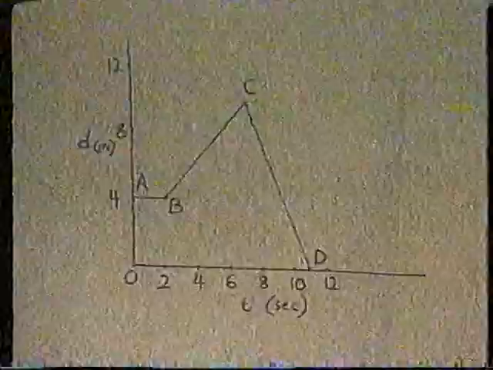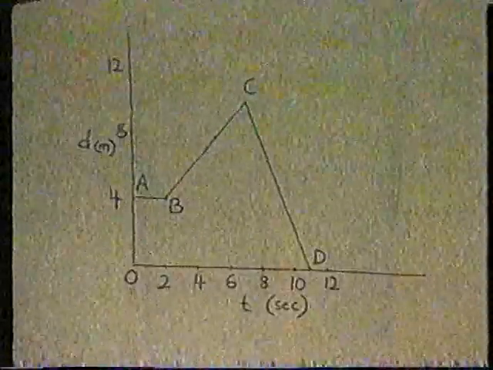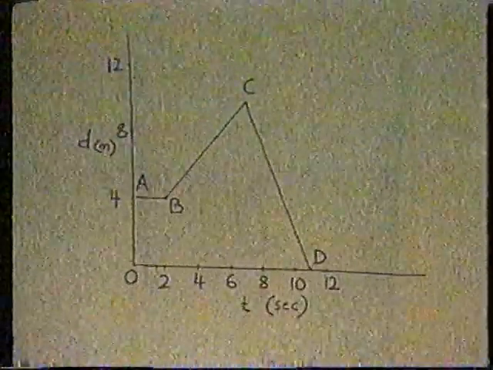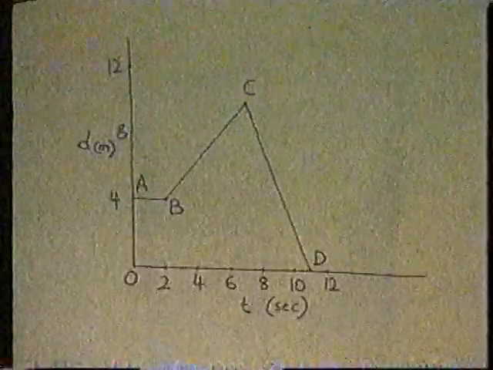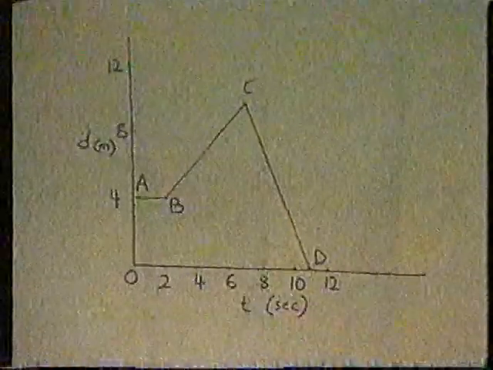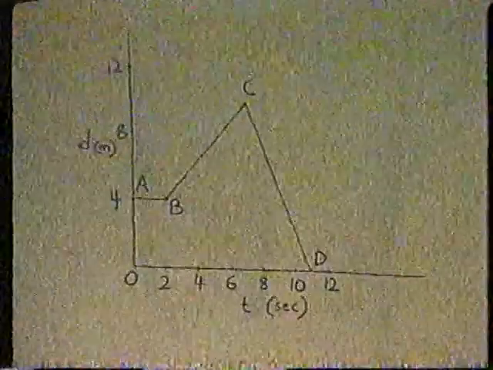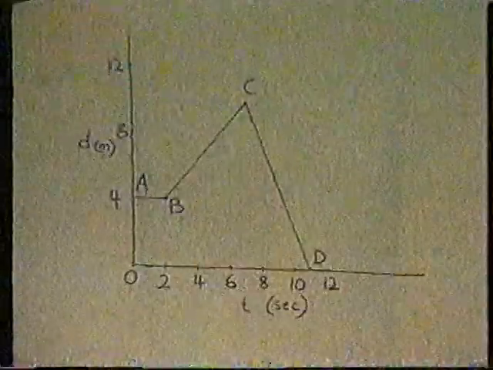The contestants can turn their sheets over now. The distance time graph for the motion of a certain object is as shown. The contestants are to determine A, the displacement of the object during the first 2 seconds and the object's velocity during this period.